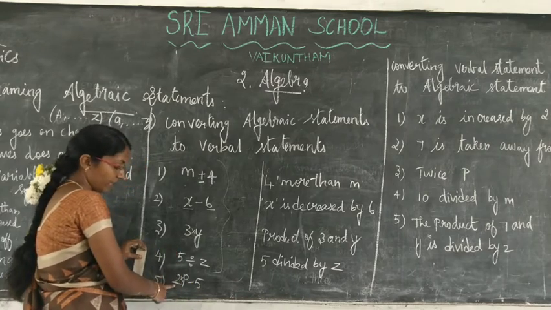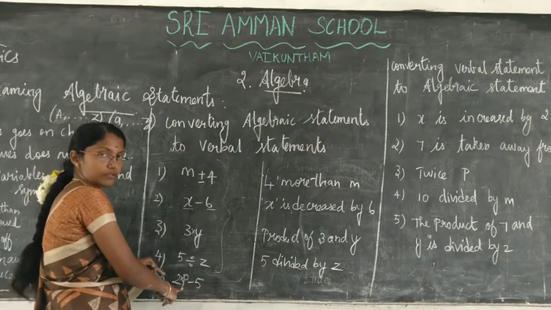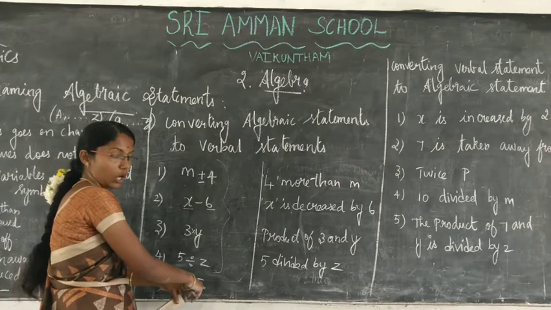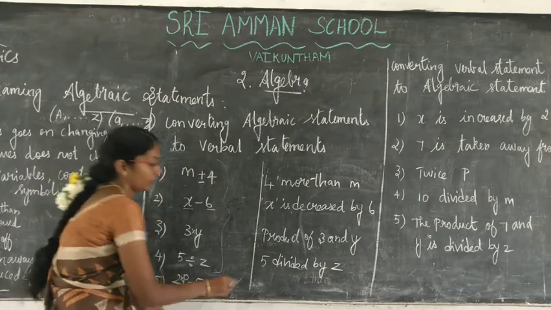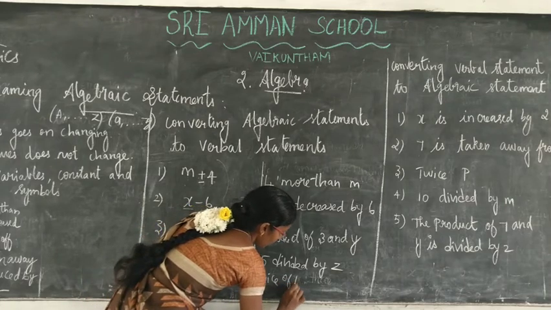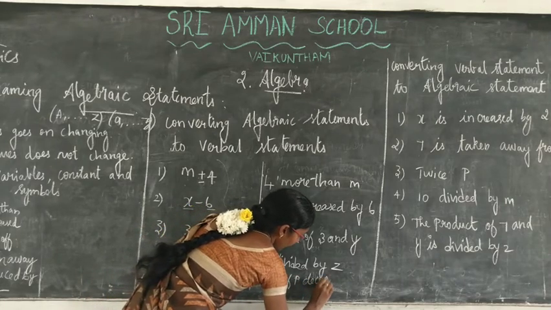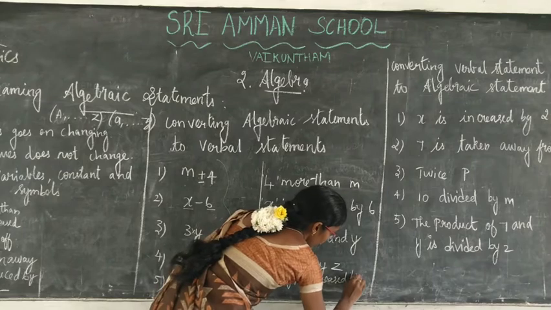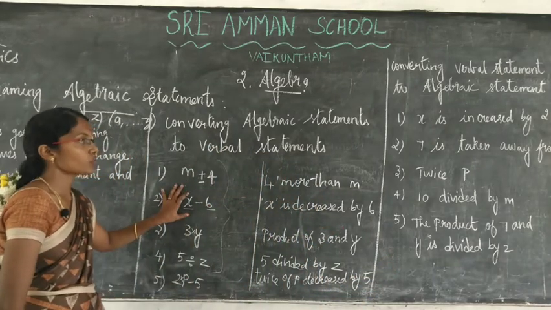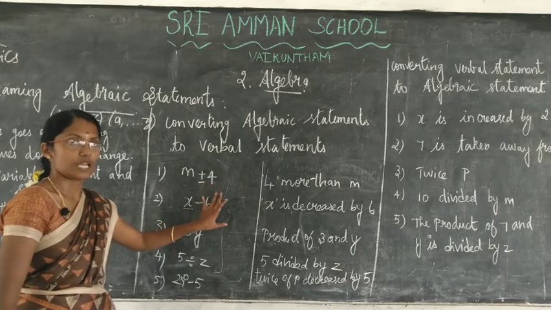Since here it is given 2 times p, twice of p reduced by or decreased by 5. Like this only you have to convert or frame the statements.